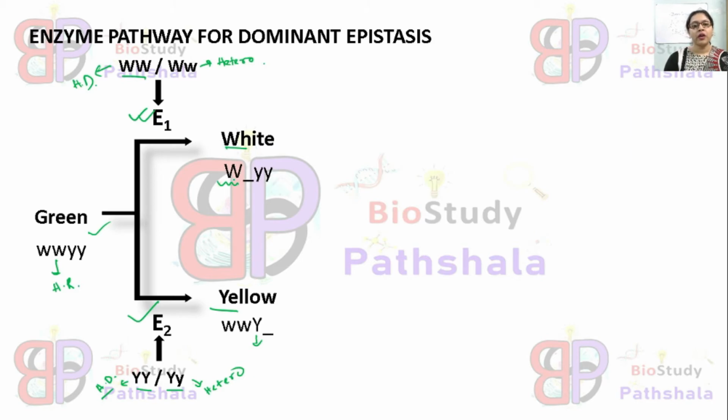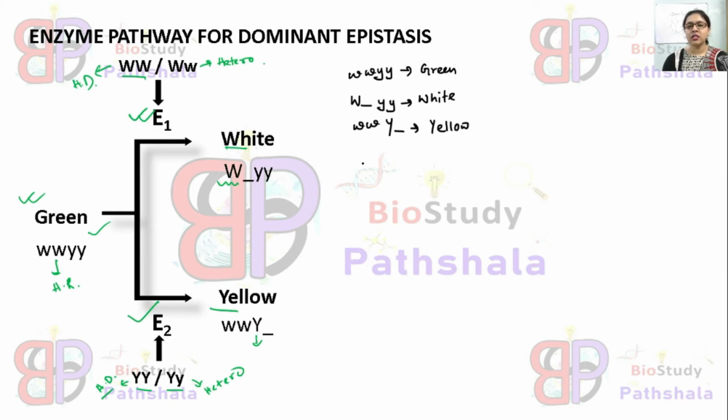So now from this pathway you can say that small w, small y gives rise to green color. Next, capital W dash small y may lead to formation of white color. Next, small w, capital Y dash may lead to formation of yellow color.